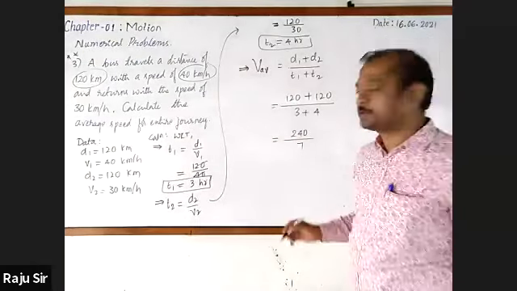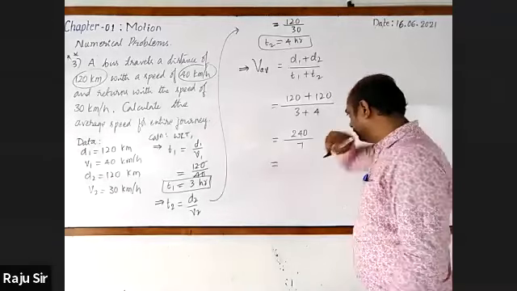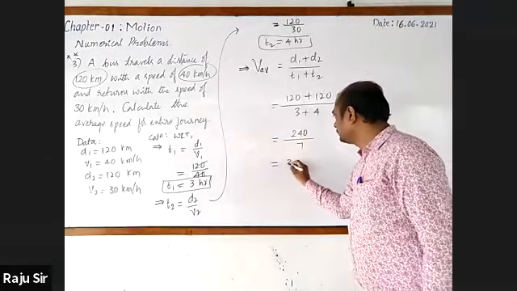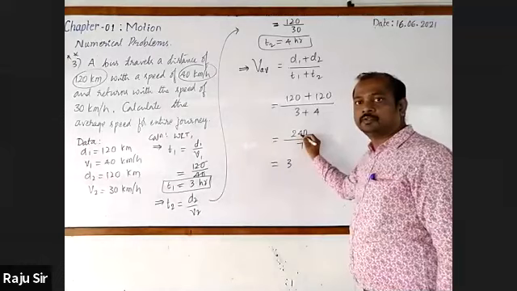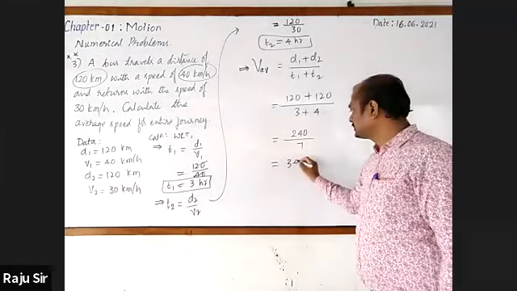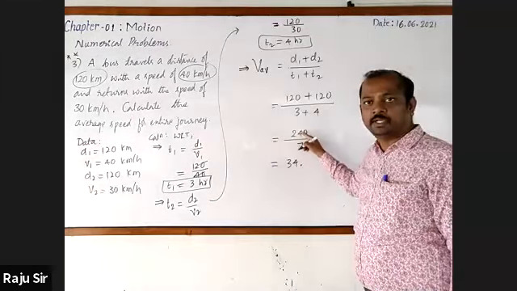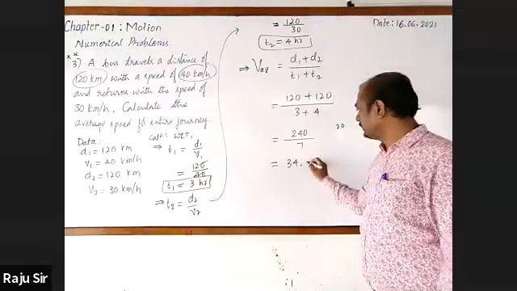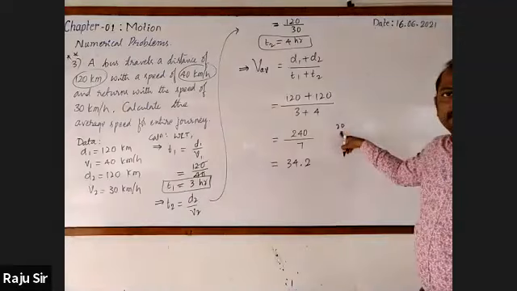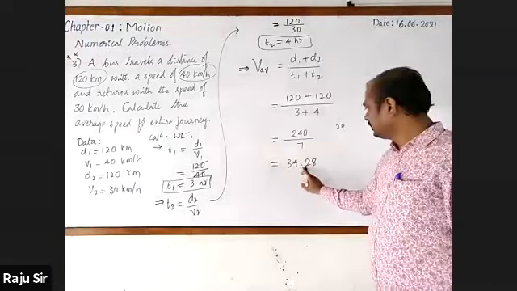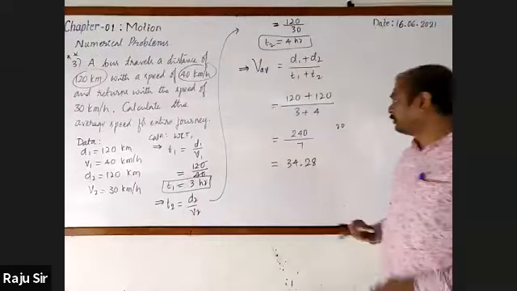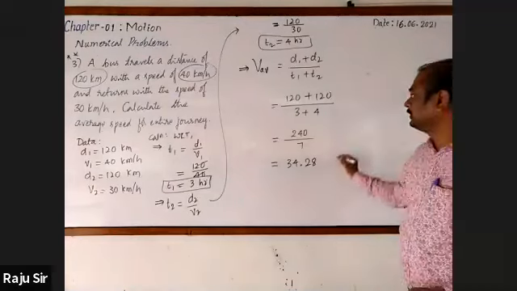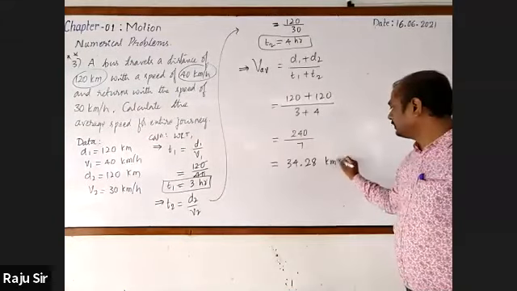If you want to express that in decimal form, 7 3s are 21, 3 will remain, it becomes 30. 7 4s are 28, 2 will remain, it becomes 20. 7 2s are 14, 6 will remain, it becomes 60. 7 8s are 56. After decimal, 2 digits are enough. 34.28 kilometer per hour.